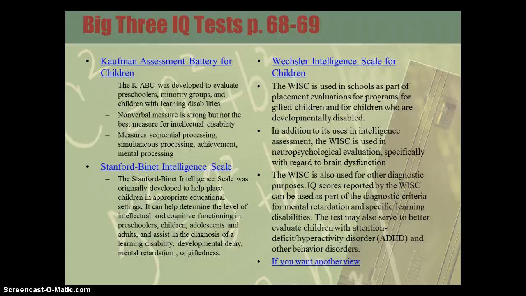And then you have the Wechsler scales. There's a preschool scale and adult scale, but this slide talks about the Wechsler Intelligence Scale for children, and this is used in schools as part of placement evaluation for developmental disabilities. This is the one that they more often use if they think the child has an intellectual disability.